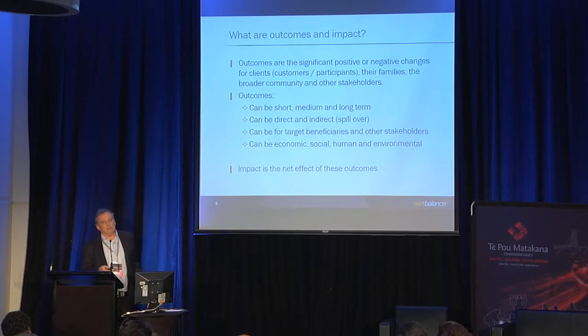And sometimes when we talk about outcomes, we also talk about impact. The difference between the two is that impact is the combination of the net benefits of all of the outcomes. So when you've done a program, you add up all the changes, positive and negative, and what you get out at the end is an impact.